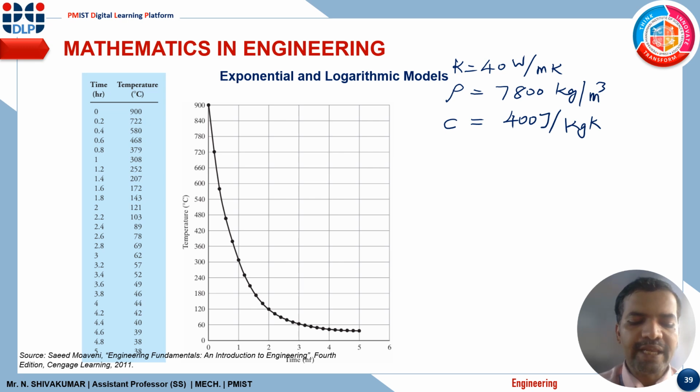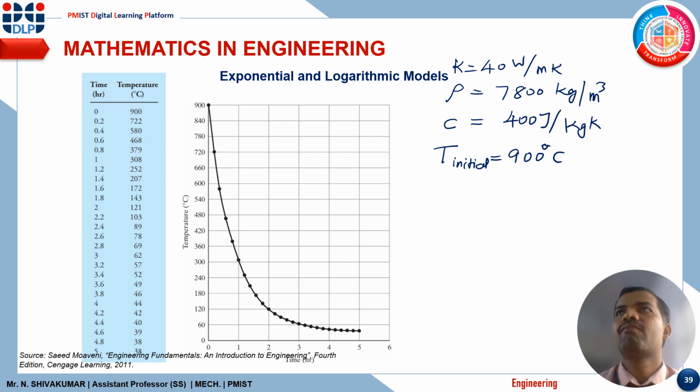This plate is heated up to a temperature of 900 degrees Celsius. What is T initial? T initial is 900. The plate is heated and reaches 900 degrees Celsius, and that is the initial value, the first second when it is exposed to the air.